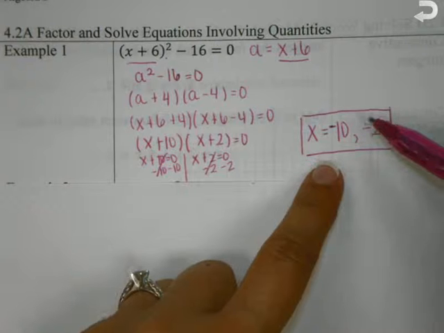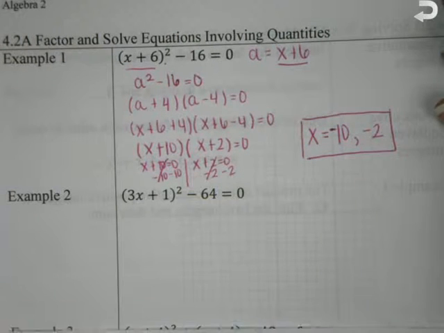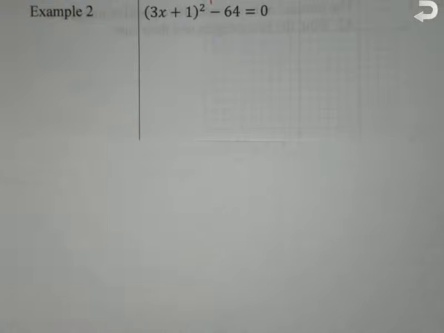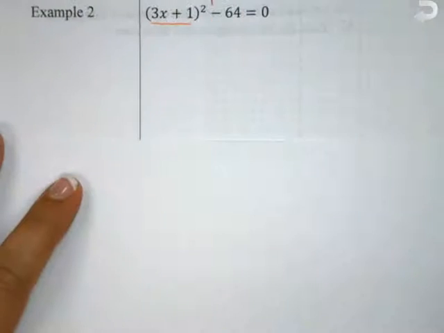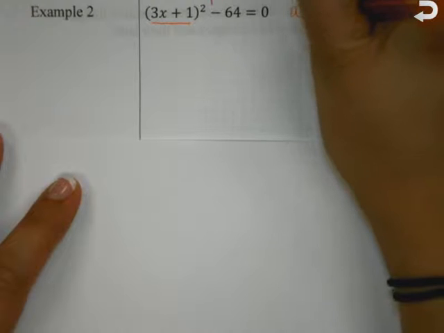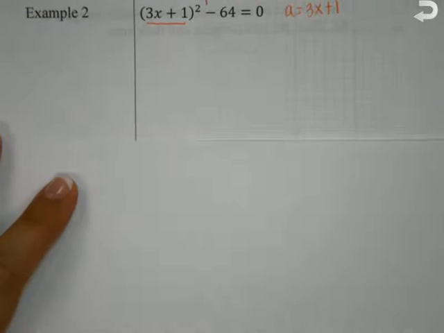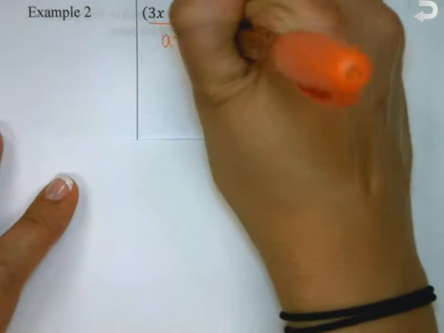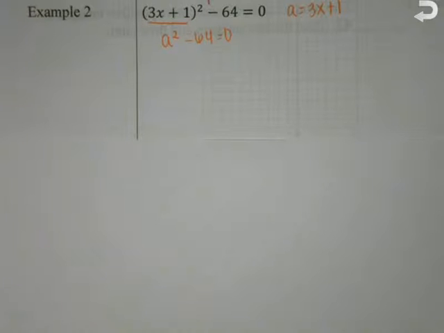Okay, example 2. (3x + 1)² − 64 = 0. So what we do here is we're going to let a equal 3x + 1 and plug that in. So that's going to give me a² − 64 = 0. Similar to example 1, it's a difference of two squares.